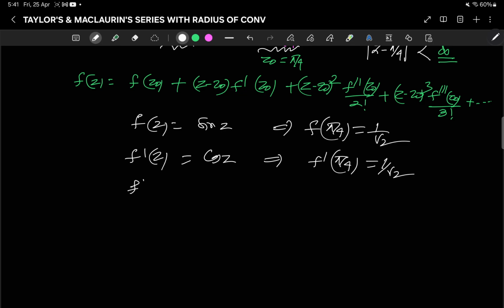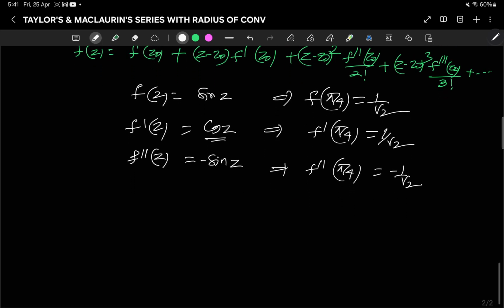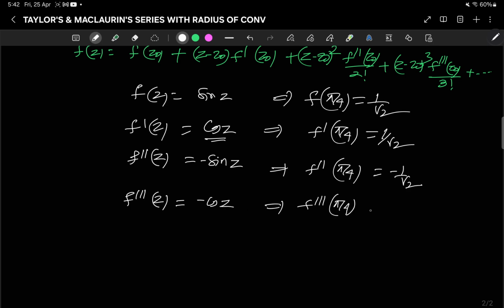So what is your f''(z)? f''(z) is the derivative of cos z, which is minus sin z. Okay, so your f''(pi by 4) is minus 1 by root 2. Okay, similarly here f'''(z) is minus cos z, which implies f'''(pi by 4) is minus 1 by root 2.